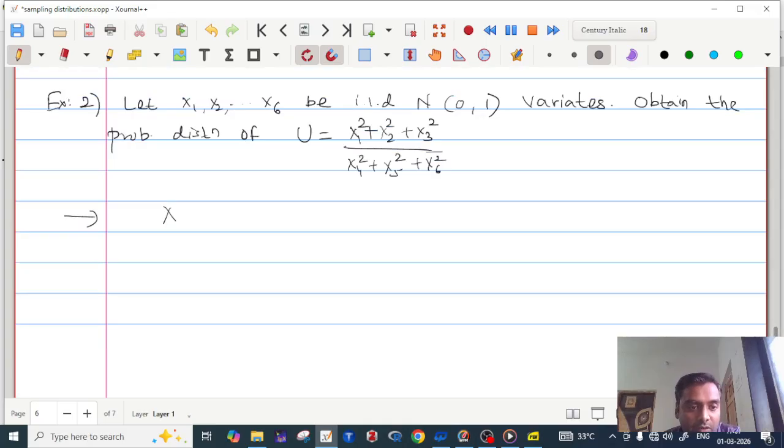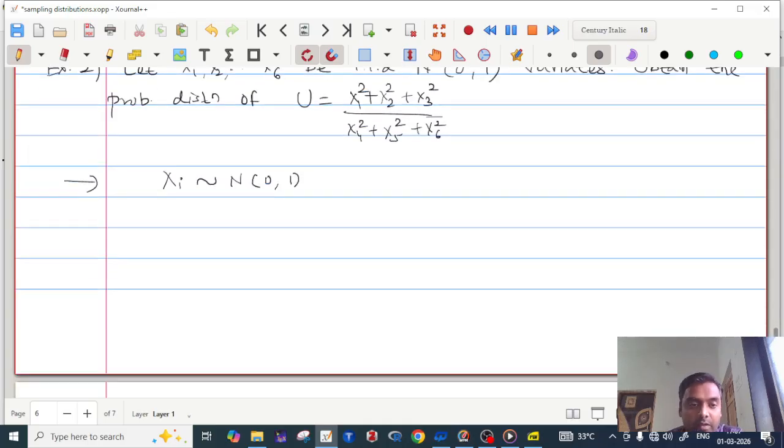Here, since xi follows normal 0, 1, each xi squared is chi-square. Therefore x1 squared plus x2 squared plus x3 squared follows chi-square 3 by the additive property.